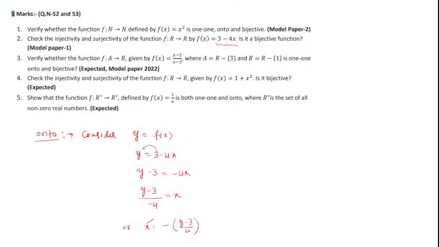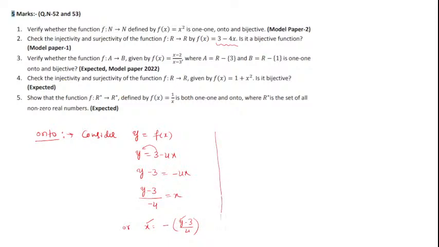Next, how to check whether my codomain and range are equal here in order to check the onto function. See, since y is also a real number and it is in the format of p by q, meaning a rational number, all the rational numbers are also real numbers, right?